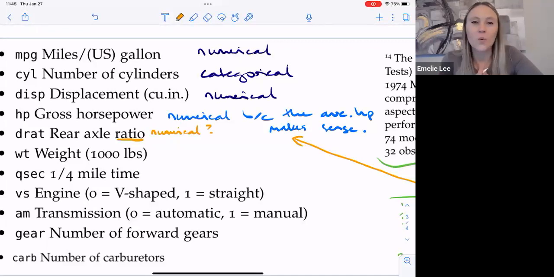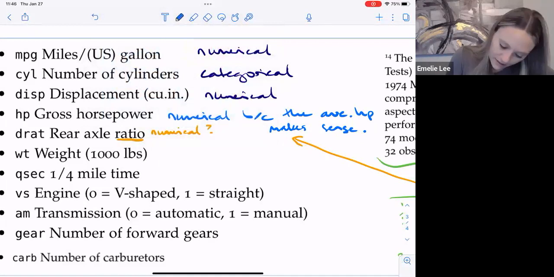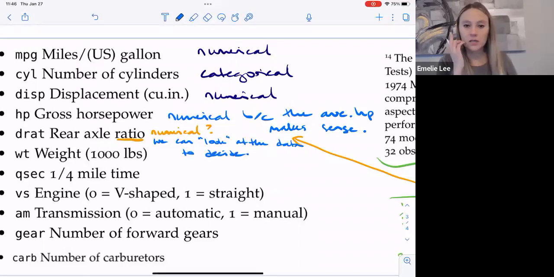So what I'm going to do is look at the data to decide.